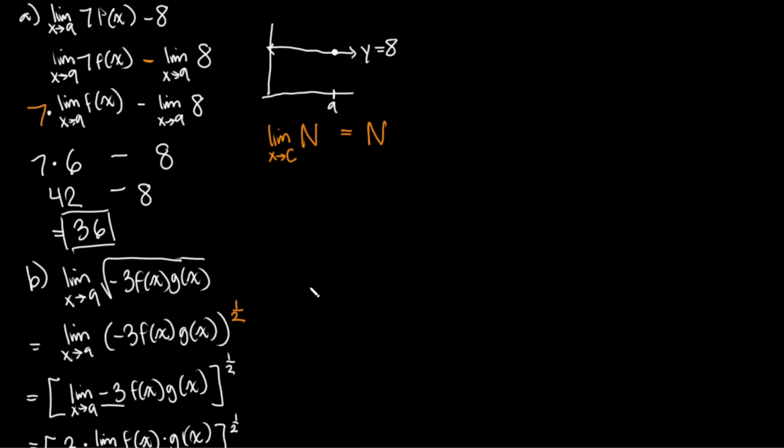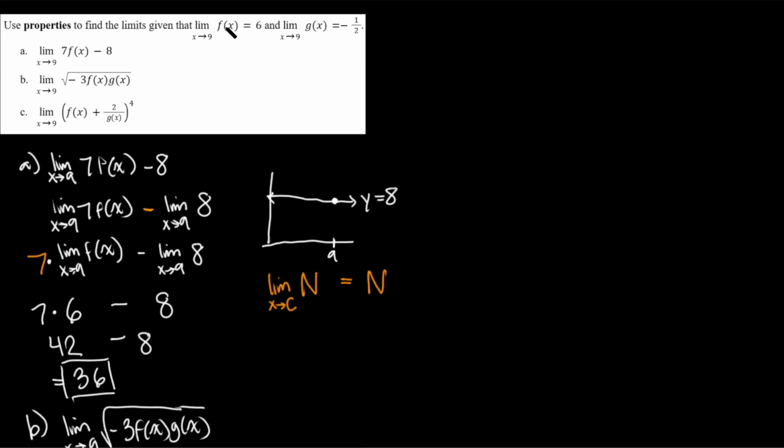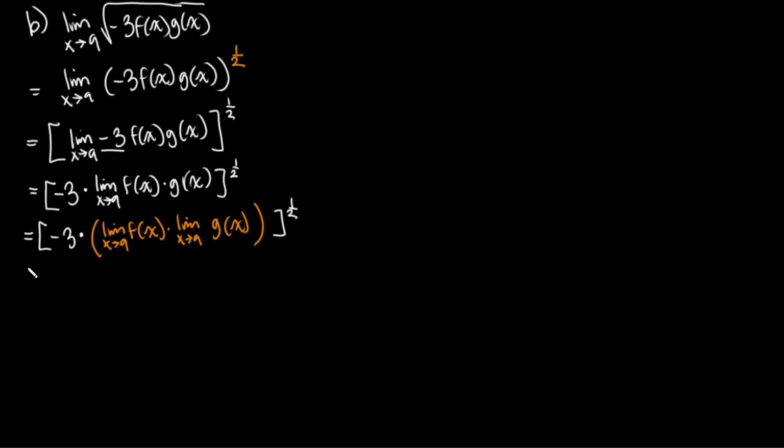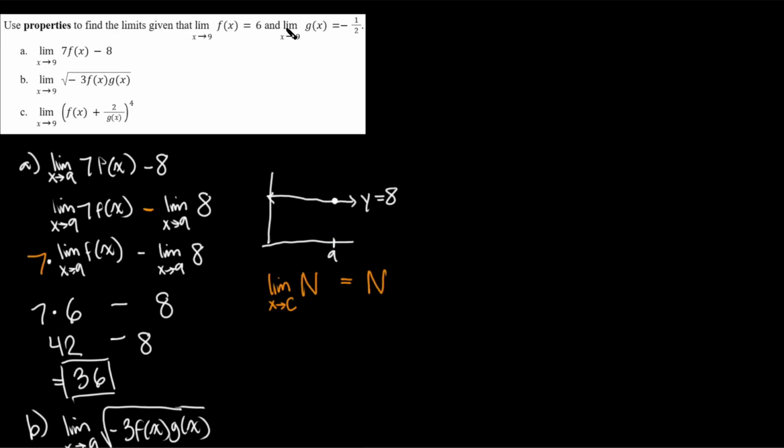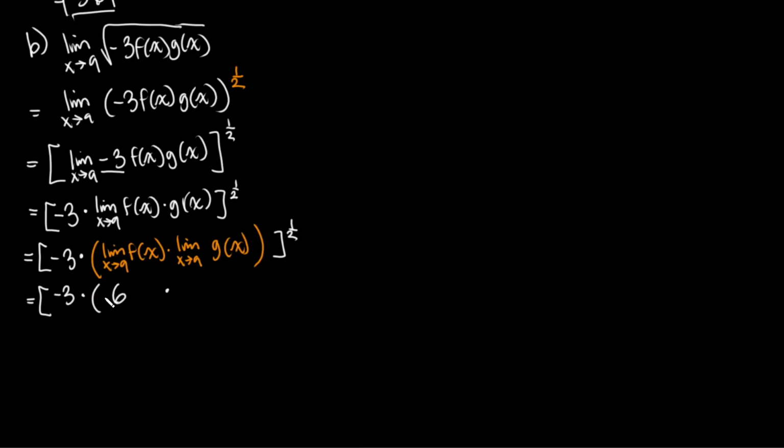And so let's go up here. So it looks like the limit as x goes to 9 of f of x is 6. So I'm just going to rewrite this. So this becomes 6. And the limit as x goes to 9 of g of x becomes -1/2.